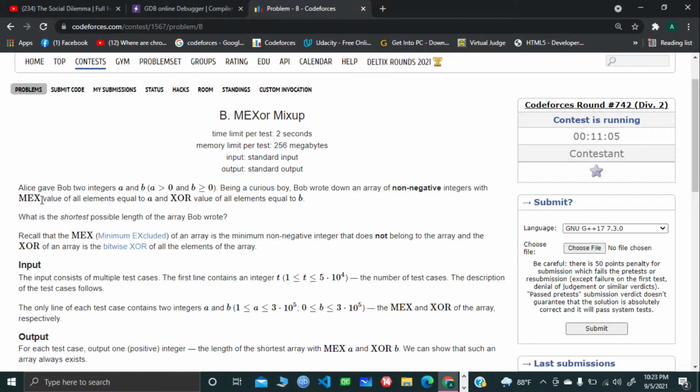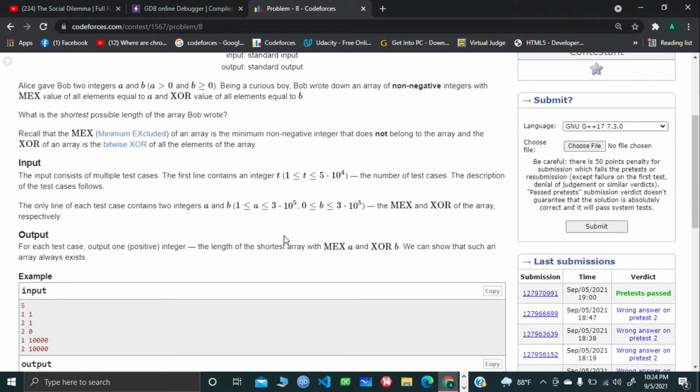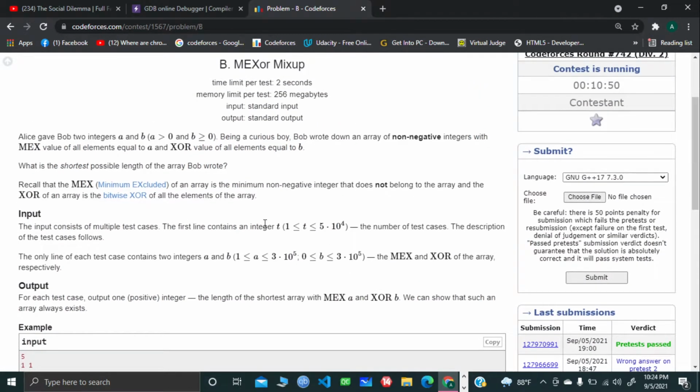First of all, you have to find the shortest possible length of the array that Bob wrote, if it's possible. Although they have said that it's always possible, which is obvious.